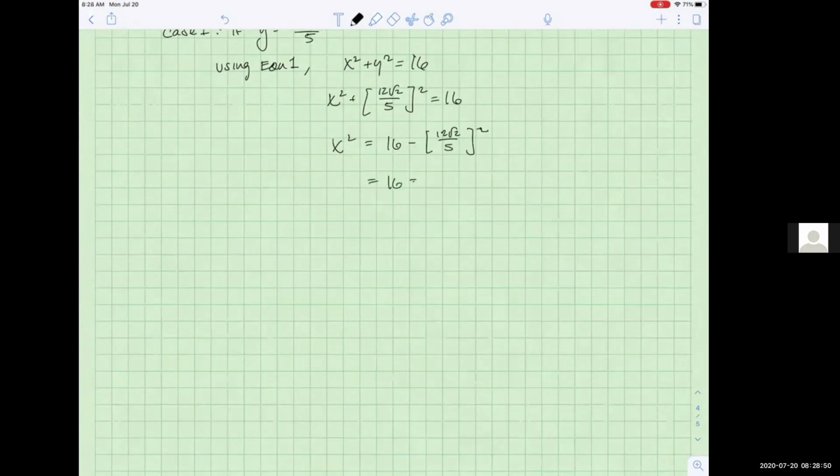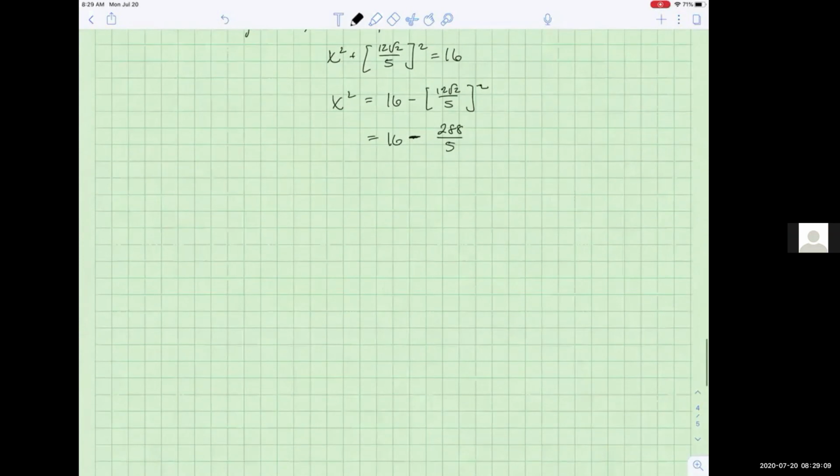This is 16 minus, just going to become what it was before we took its square root, 288 over 25, my bad.